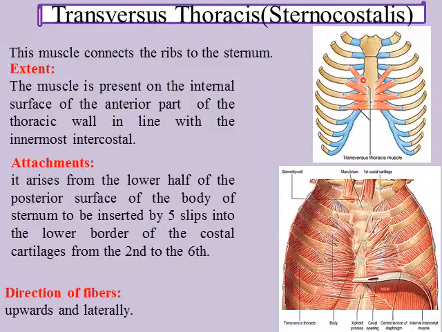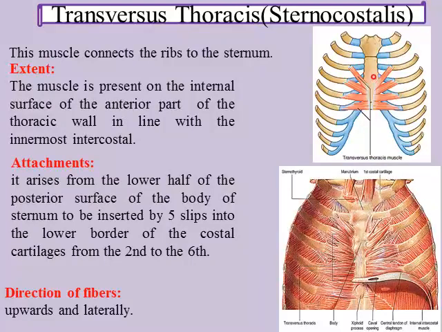This diagram shows the sternum from its posterior view and the inner surfaces of the ribs, as if we are looking from the internal view to the thoracic cage. This is the posterior view of the sternum and the corresponding adjacent ribs.